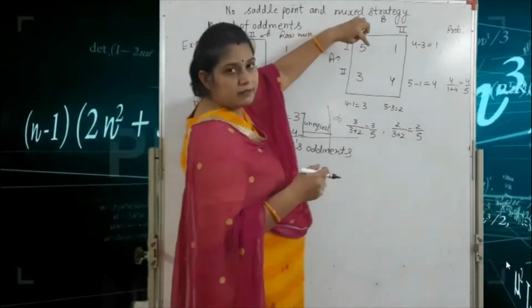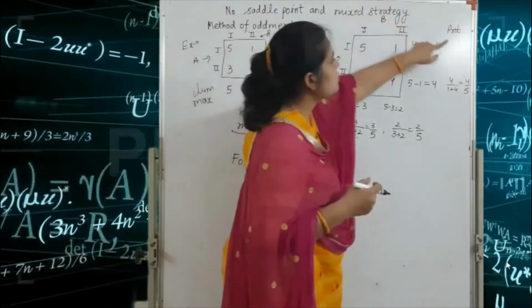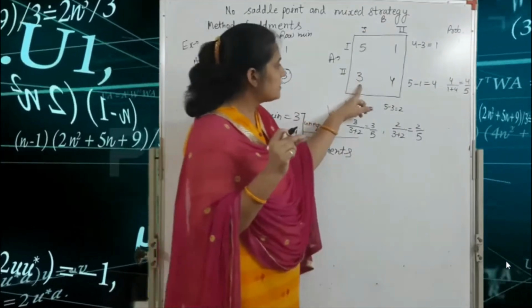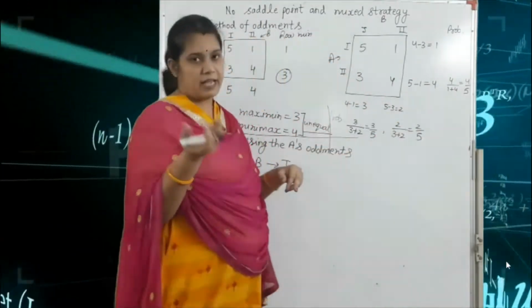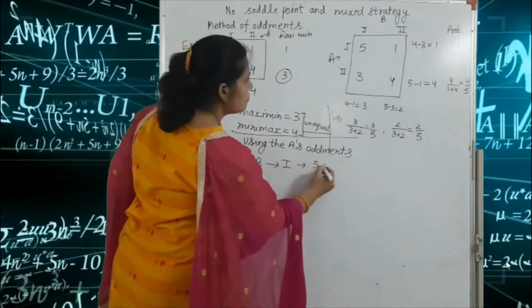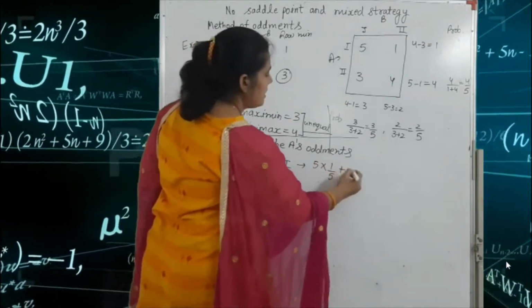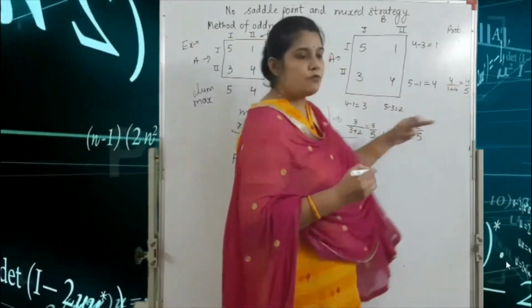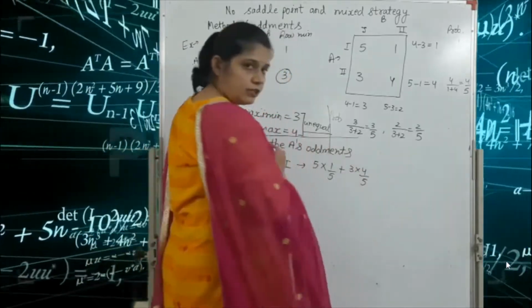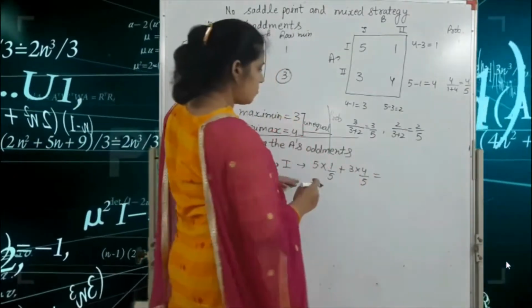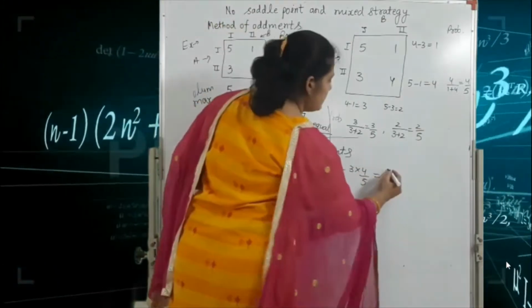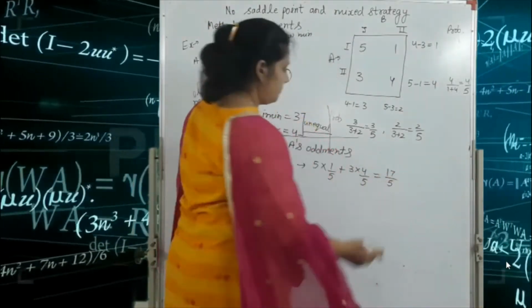So we check right here 5 into 1 by 5, that means 5 into the probability, plus 3 into 4 by 5. So we write 5 into 1 by 5 plus 3 into 4 by 5. Got it? So here the total value is what? 1 plus 12 by 5, that means 17 by 5.